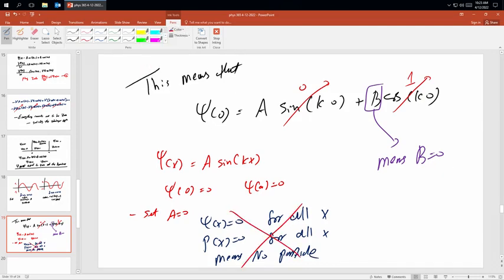So this is no brainer, wrong. So basically, A equal to 0 will not work out.